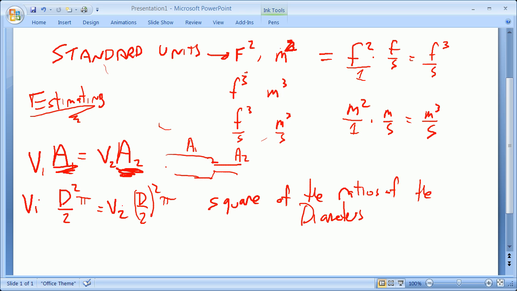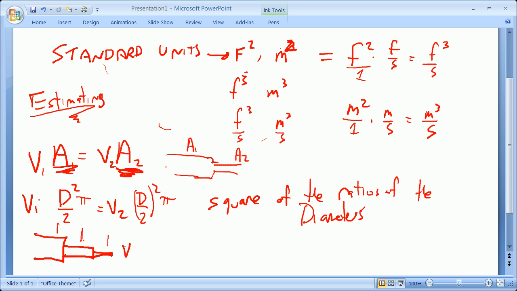Now that generally comes up more often than you would think, as in flow problems. Very often you will have a very large pipe coming down to a very small pipe, coming down to an even smaller pipe. And so you can realize that the velocities are related to each other by the square of the diameters.